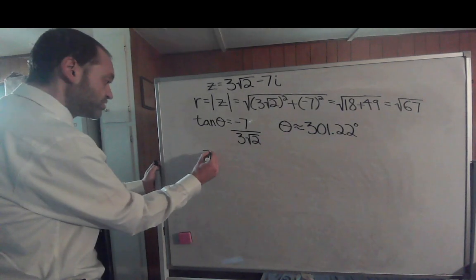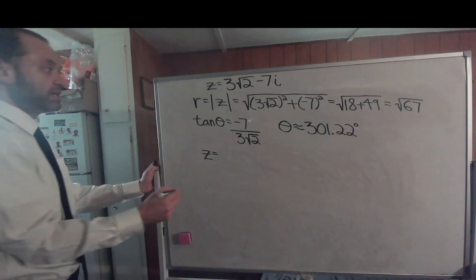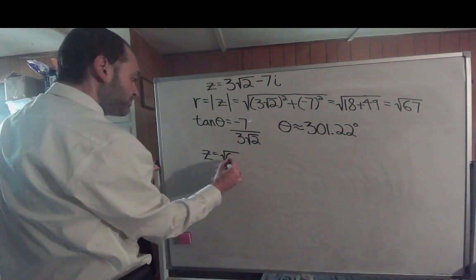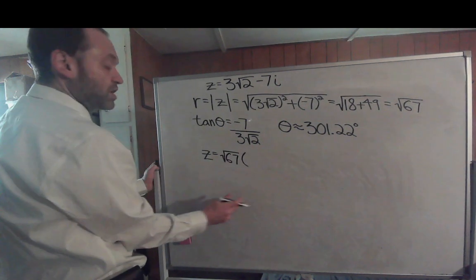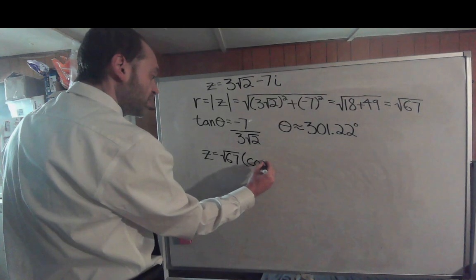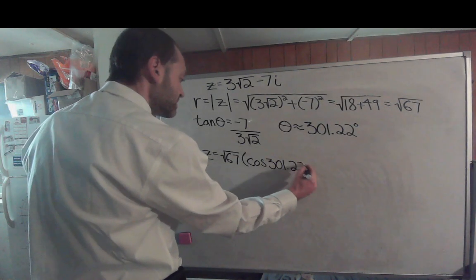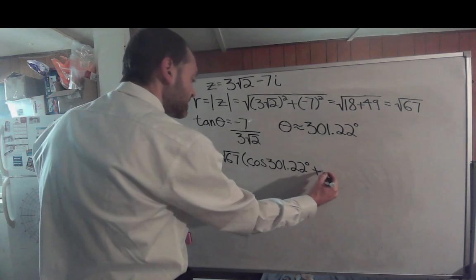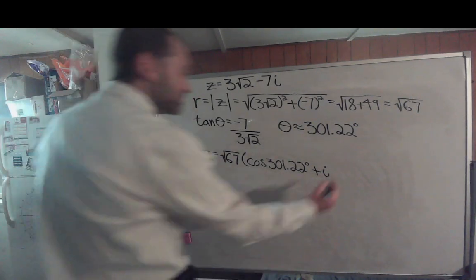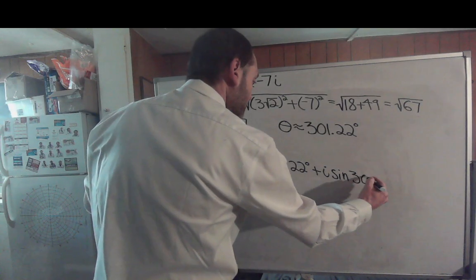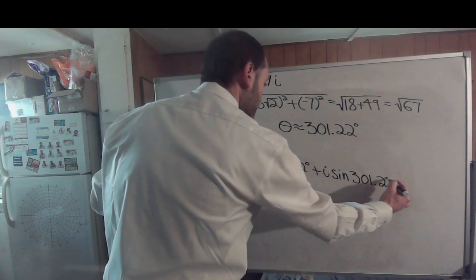So the trigonometric form of this number is going to be that r, which is the square root of 67, times the cosine of 301.22 degrees plus i times the sine of 301.22 degrees.